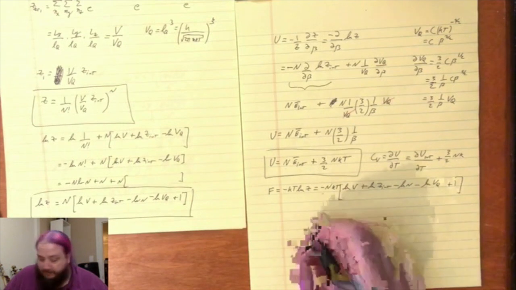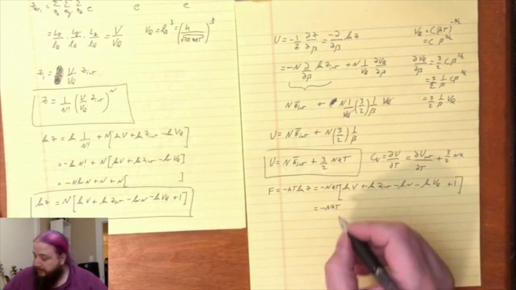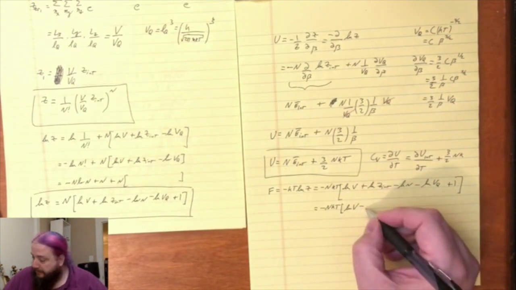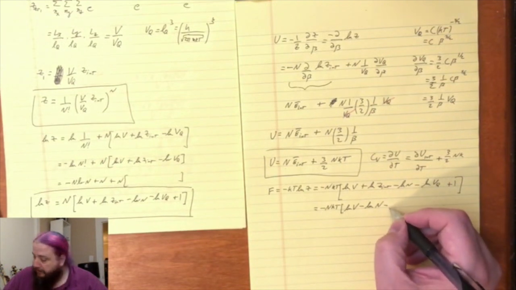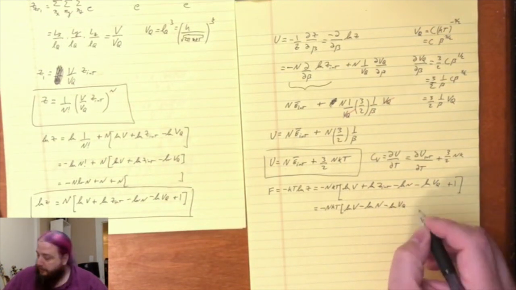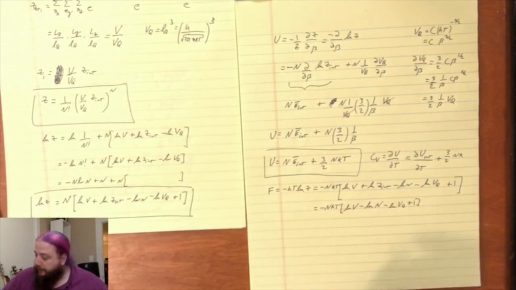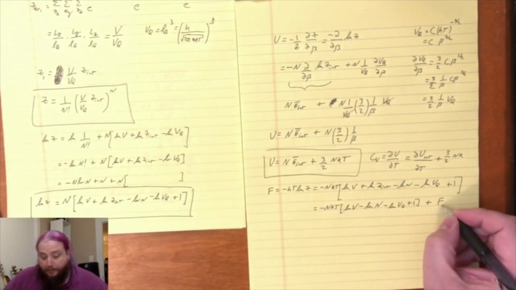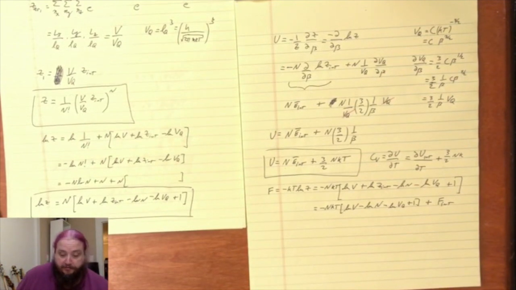And we could write this as minus nkT times logarithm of volume minus logarithm of n minus logarithm of quantum volume plus 1. So all the terms except the z interior term, which we could then write as plus the Helmholtz free energy associated with those internal degrees of freedom, with those internal motions.